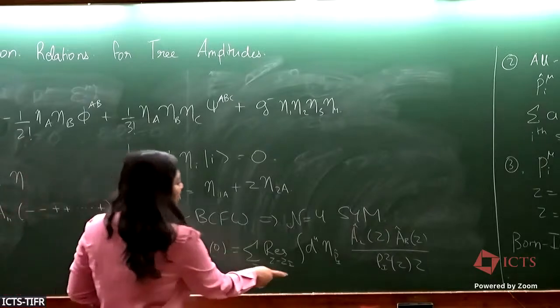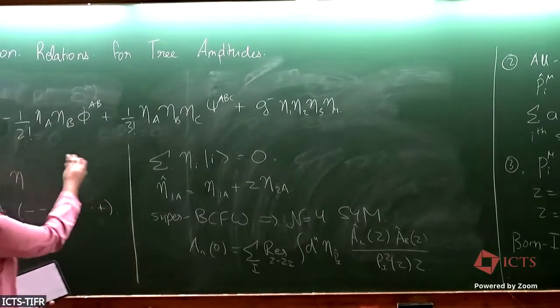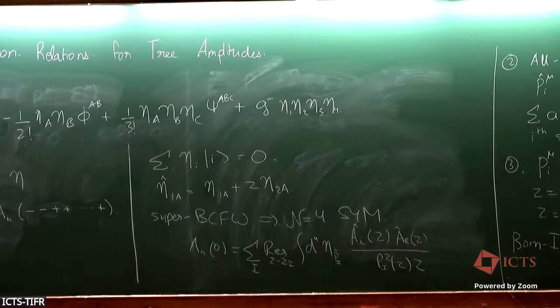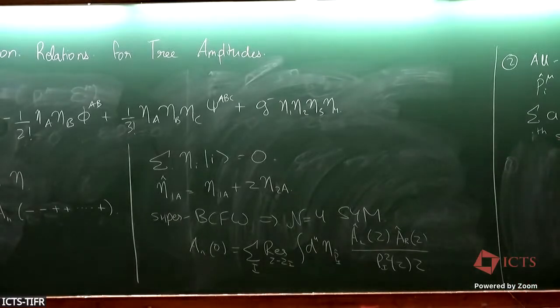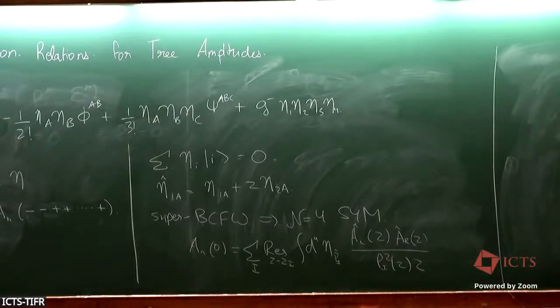So this just takes care of the fact that now it's not just a gluon that I'm exchanging, it's any of these states in my supermultiplet. Okay, good. So now it should be clear that I can write down any tree-level amplitude in n equals 4 super Yang-Mills just by gluing together 3-point amplitudes.